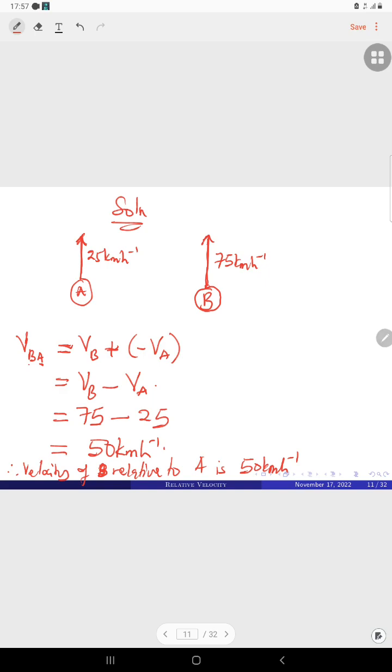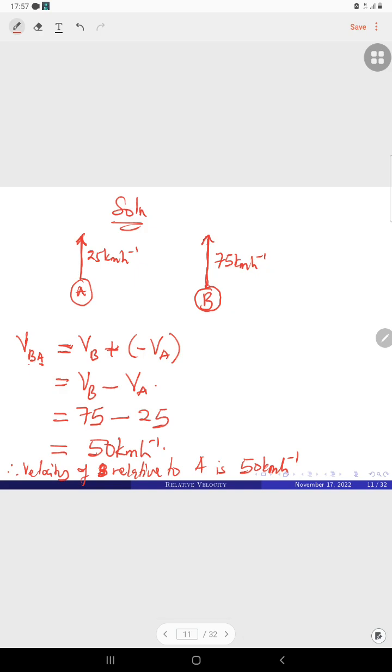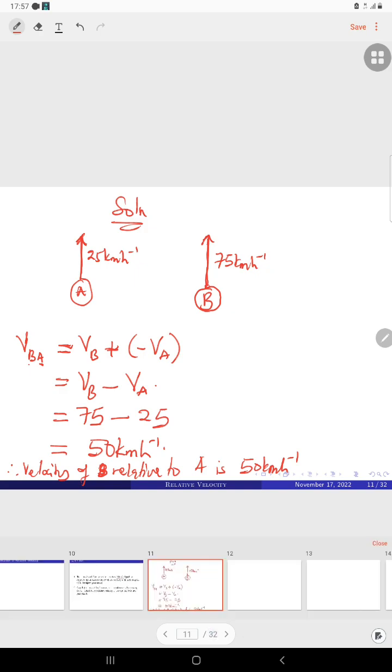Velocity of B with respect to A means that if an observer is in car A, how is he going to see car B moving? Relative to A means how A will see car B moving.